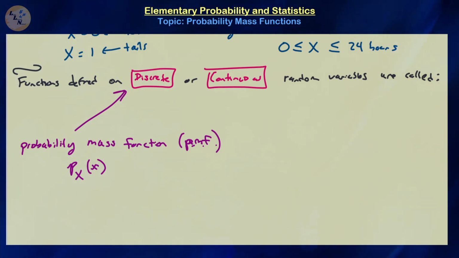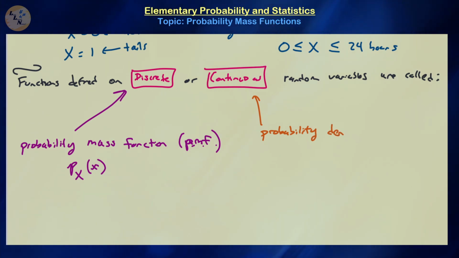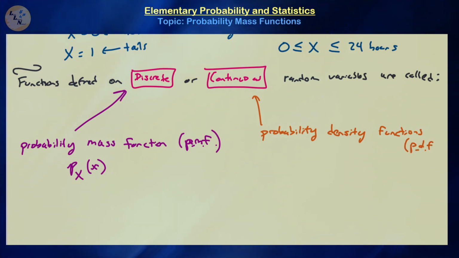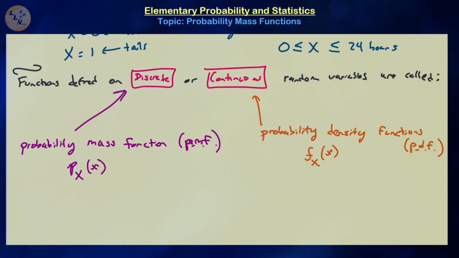And for continuous random variables, we refer to them as probability density functions, or PDFs for short. And we will represent the probability density function of a random variable capital X as little letter f sub capital X of value little x, right? And there are reasons why we use p for probability mass functions and f for probability density functions.